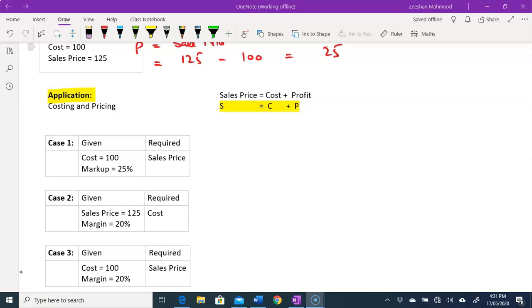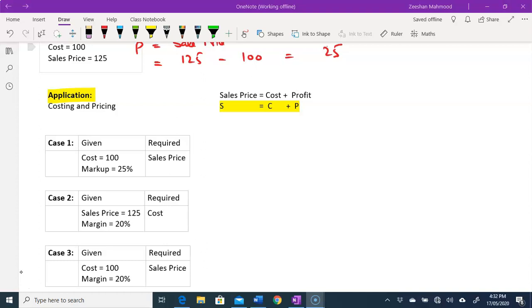The problem in the exam may pose you the following scenarios, which are described as cases below. Whatever the scenario, you can apply this equation and the concept of markup and margin to find out what is required. So let's discuss these cases one by one.